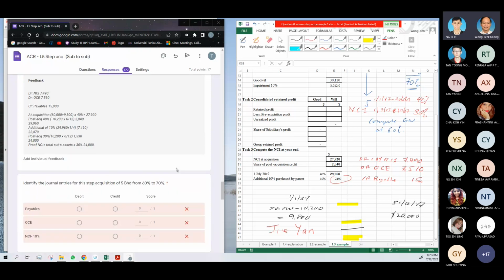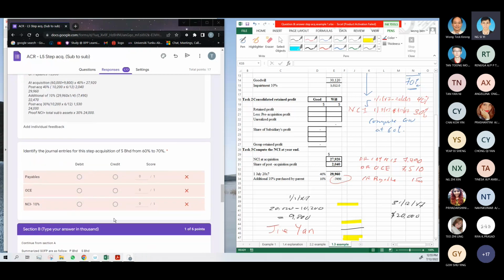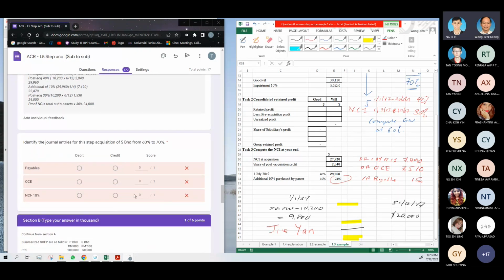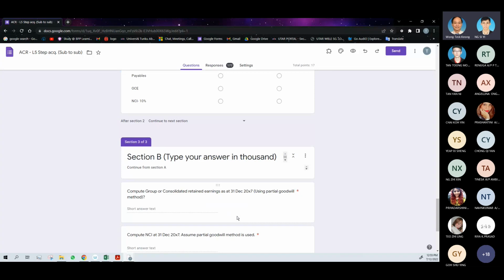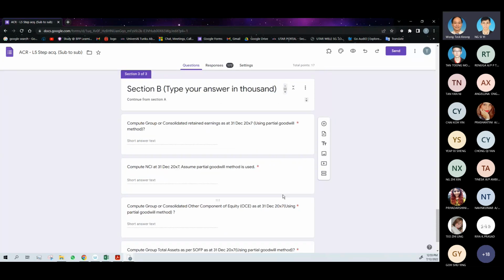So the rest can submit. The double entry I gave here: credit payable, debit NCI 10%, and debit other component of equity. A lot of students didn't even try. This will come out in your midterm. If you don't try, you look here.